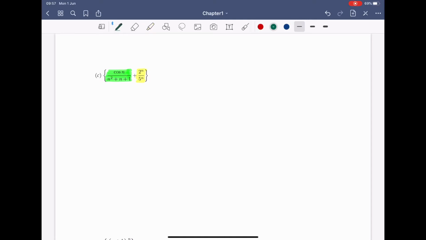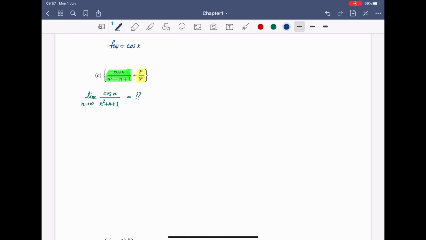So let's start by looking at the limit of cosine n over n squared plus n plus 1 when n goes to infinity. How do I compute this? First of all, let's recall the function cosine x.